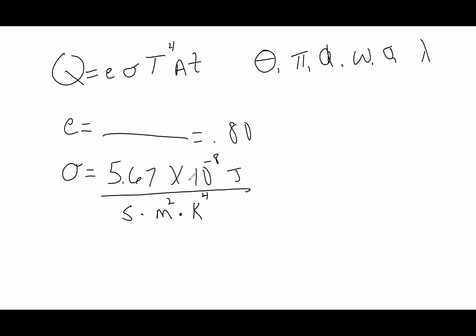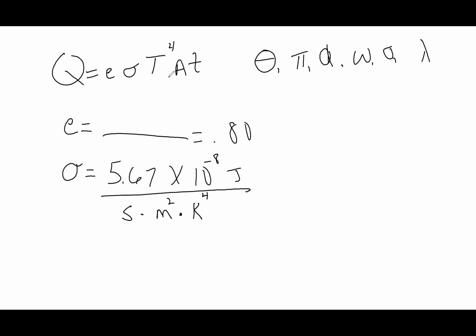Okay, so now we have the law and we have the constant. Then the temperature in this equation is raised to the 4th power. We have the area, and because this is a black body, a body that's radiating, this area is the surface area.